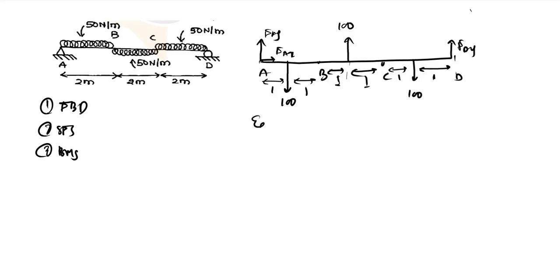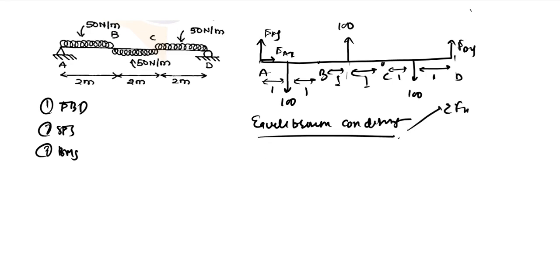You can apply the equilibrium conditions now. We have three equilibrium conditions. Summation of Fx is 0, which is the summation of horizontal forces. We have summation of vertical forces, summation of Fy is 0, and we also have summation of moments at any point is 0. So applying the first condition, you will get that the value of Fax is 0 because there is no other horizontal force.